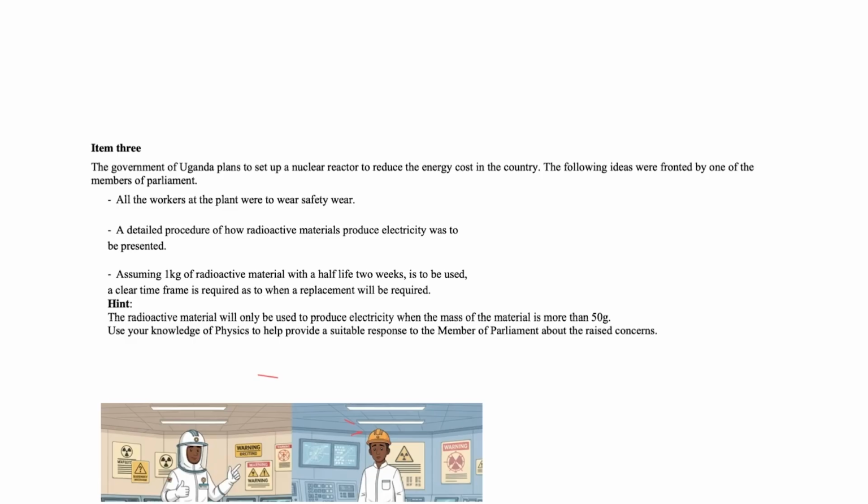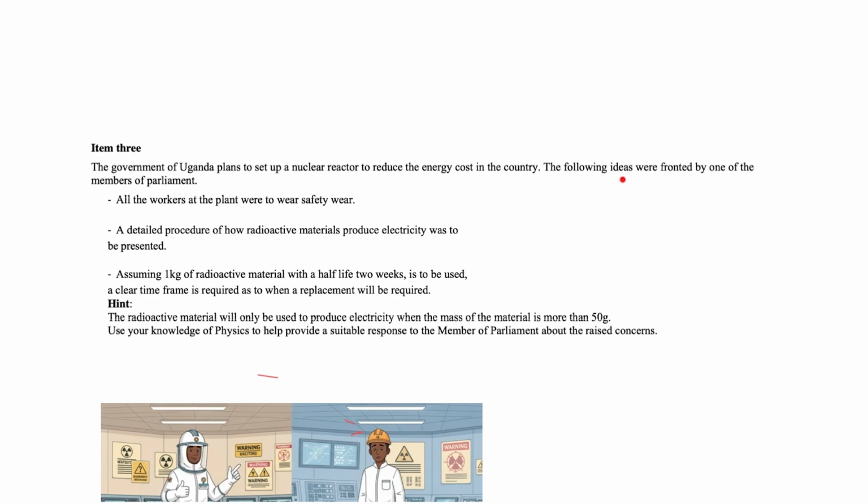Well, let us look at item 3. Item 3, we go through it all together. The government of Uganda plans to set up a nuclear reactor to reduce the energy cost in the country.